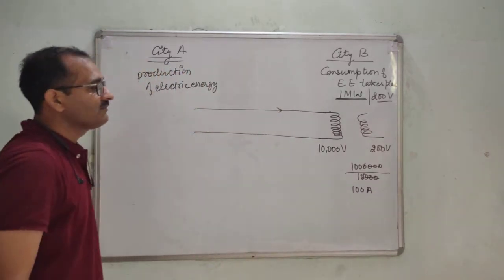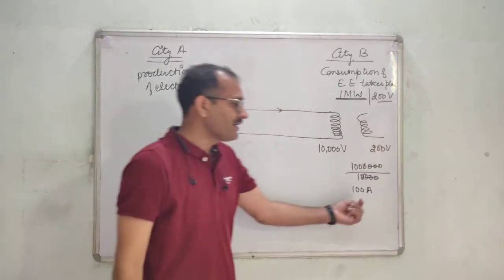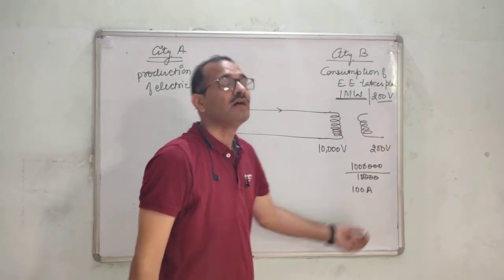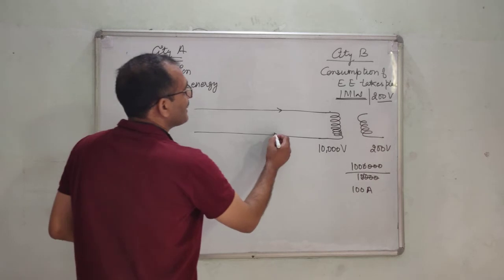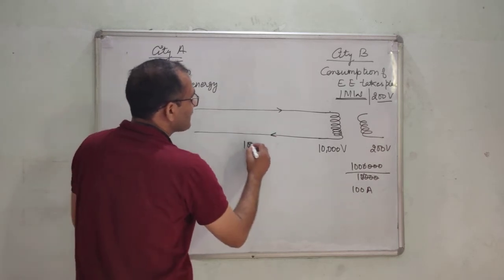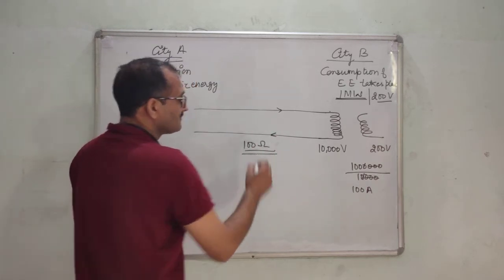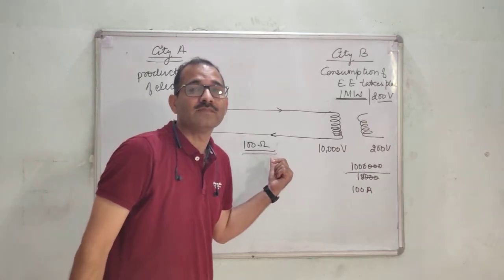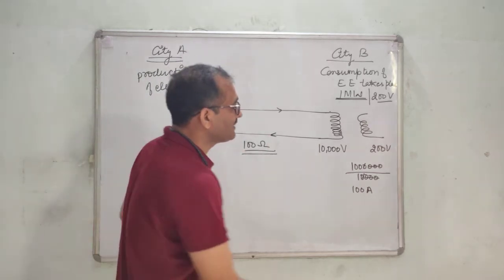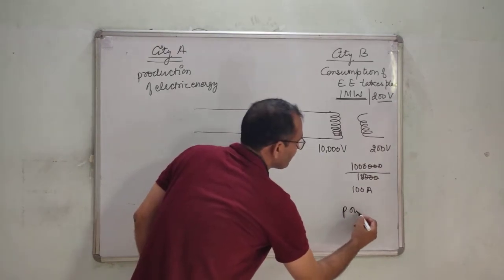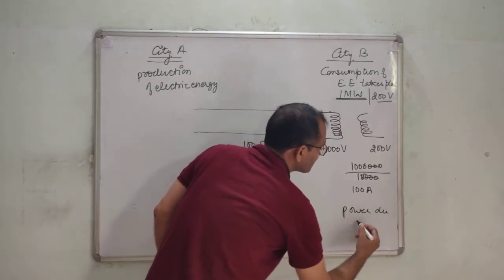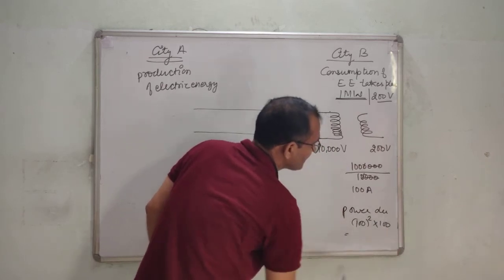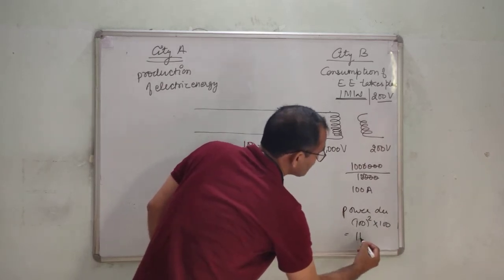Let the line resistance be 100 ohm. Therefore, the power dissipated is 100 square multiplied by 100, that will be equal to 1 megawatt.